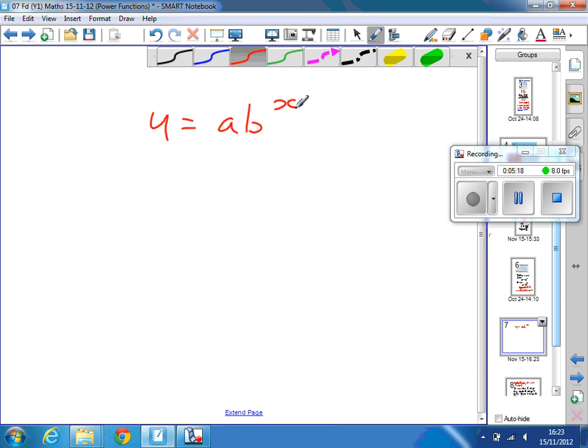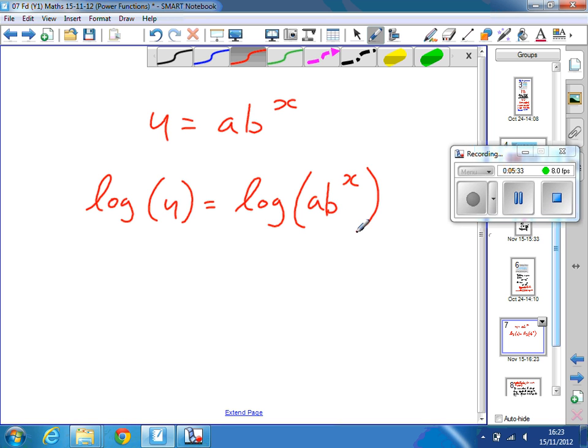So what's the first thing we do? Well, first step, log both sides. Okay, and now, next step. Which law were you going to say?